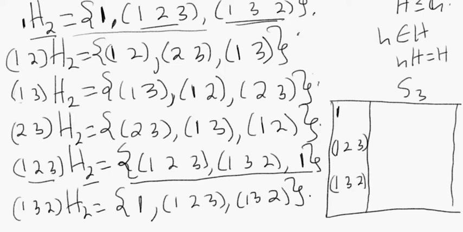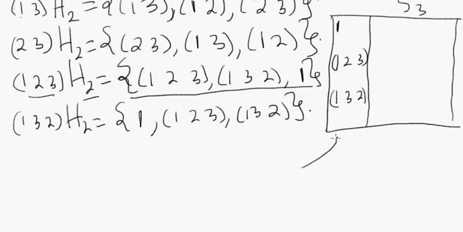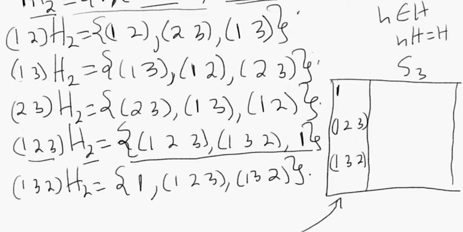Okay. So we're calling that our coset 1H2. That's one partition. Since 1 times H2 is just the same as H2, we might as well just write the coset H2. Now one thing we had also observed was that if any of the cosets has something in common with any other coset, then the two cosets are the same.